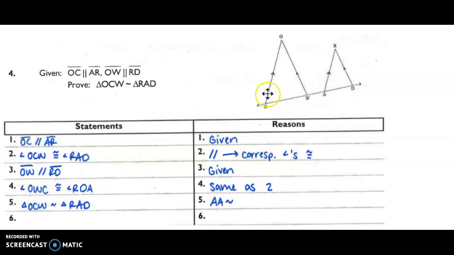And so therefore, if parallel lines, then these are corresponding angles, so they're going to be congruent. Okay. And we're going to use the same logic here for OWC and RDA. Those are also congruent by corresponding angles. Okay. And so we have two pairs of angles that are congruent, and so therefore these two triangles are similar by angle-angle.